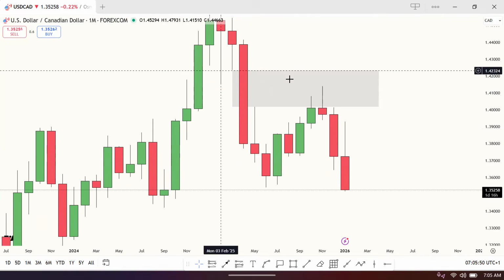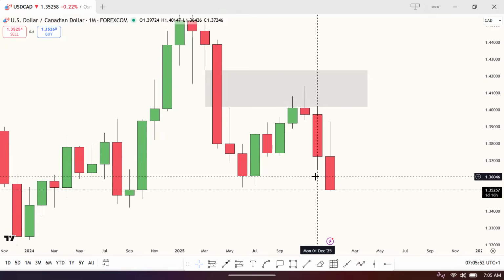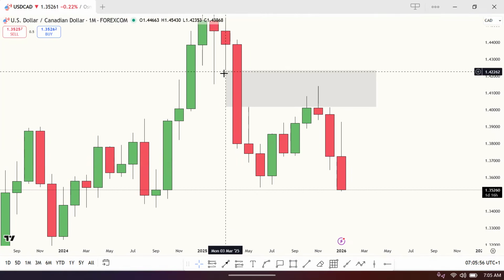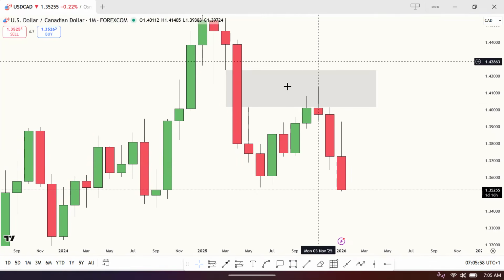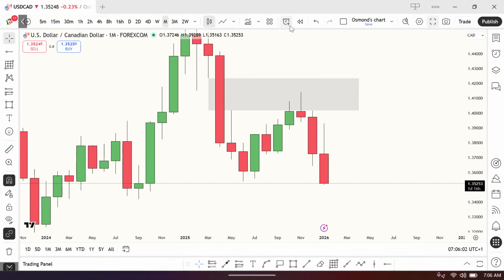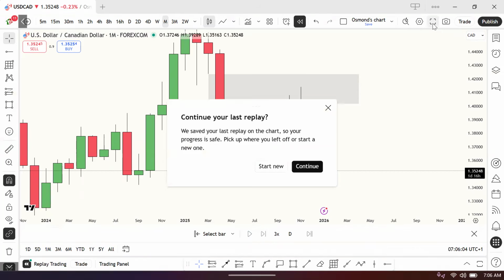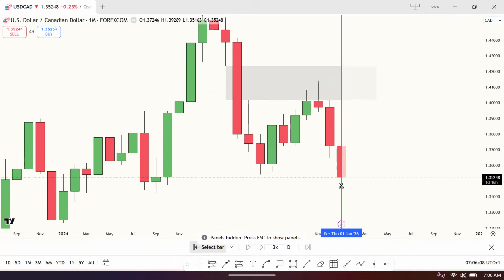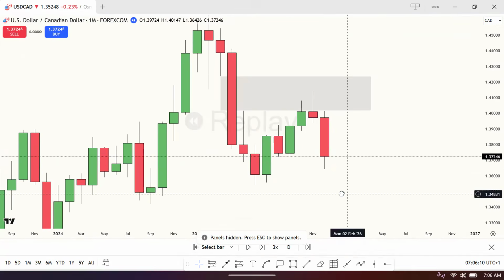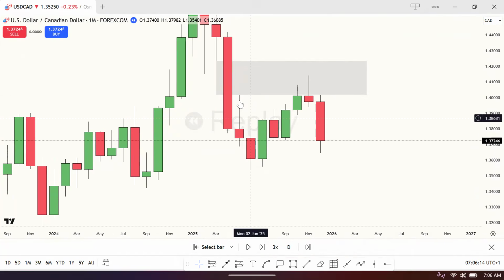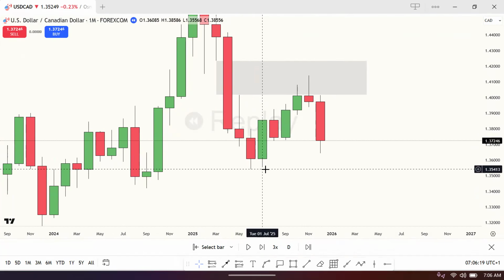So there is an obvious FVG here, but I need to be sure that this FVG will be able to hold price, right? So I do this by making sure that this is a valid dealing range.